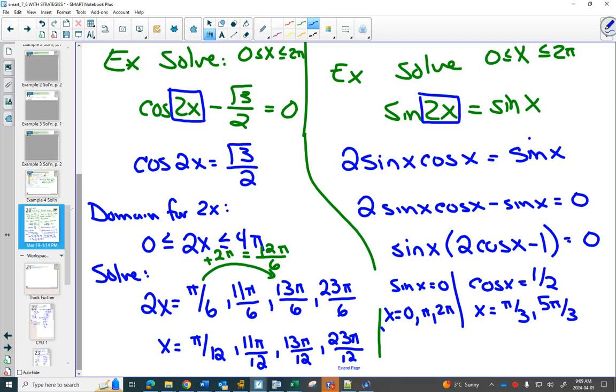Yes? Why would you put it as negative sine x and not just take the 2 off the sine x and make it sine cos x equals 2? When I'm subtracting here, this and this are not like terms, right? And so it's interesting. As soon as we make things a little bit more complicated looking, then our brain loses some of those basic rules that we've had since grade 9.